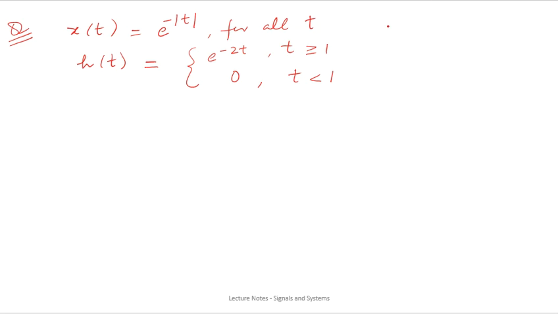The question states that you have to find the convolution of these two continuous time signals, which are already defined above.